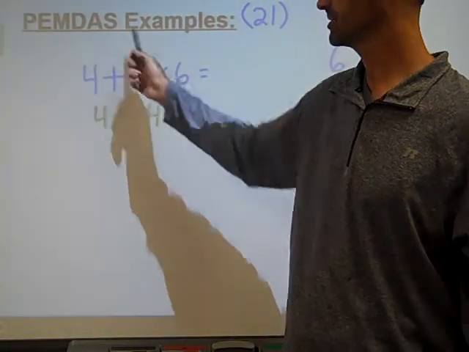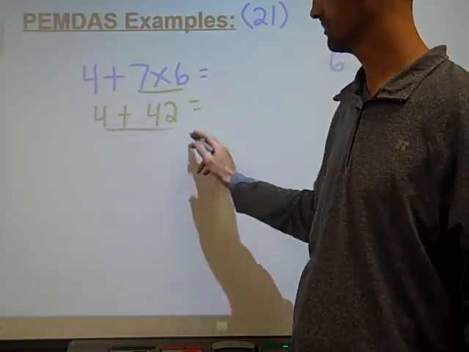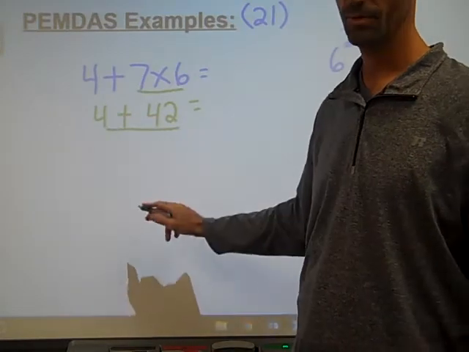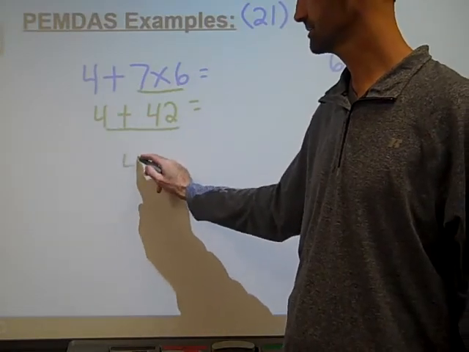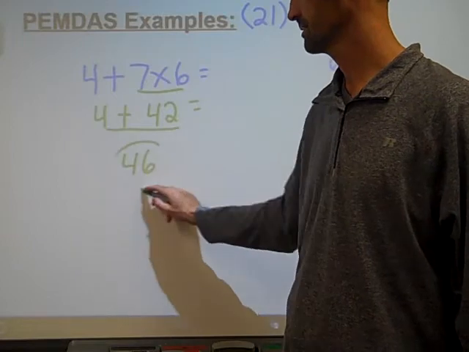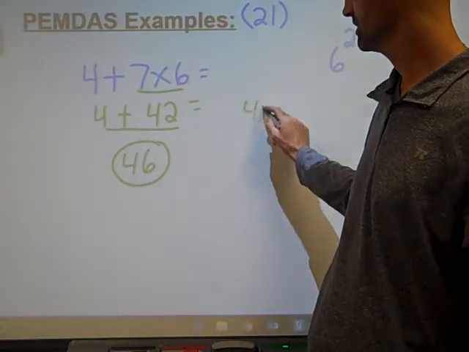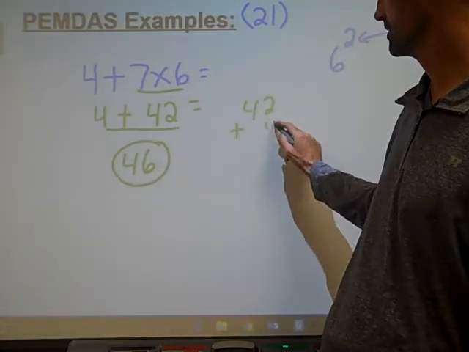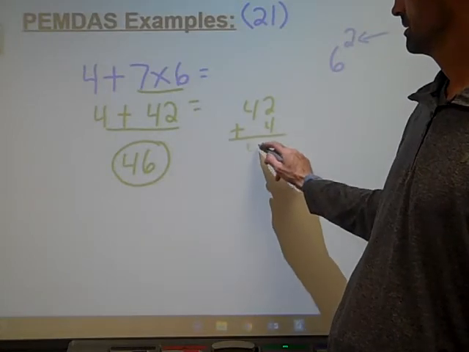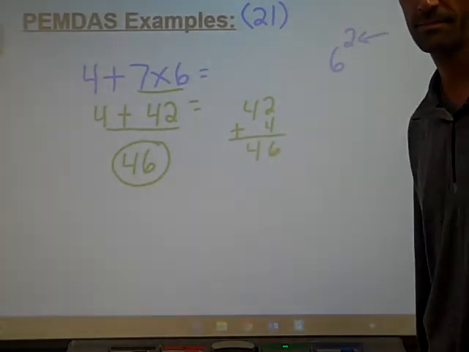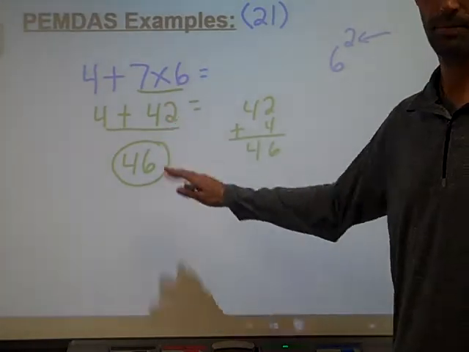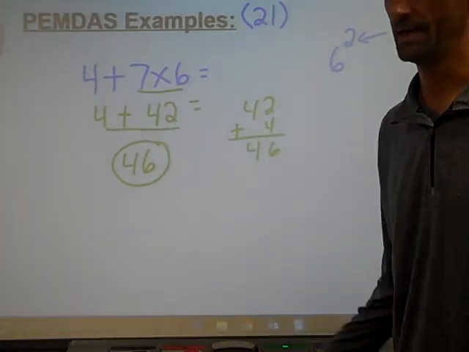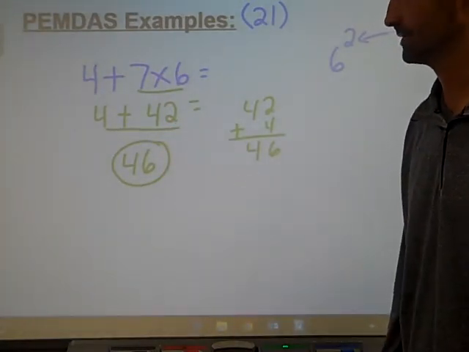No. Addition or subtraction? Yes, there's only one thing left. 4 plus 42 is 46. And if you need to, right on the side, 4 plus 42, okay, you can do that on the side. There's a basic example of PEMDAS, basic example of order of operations.